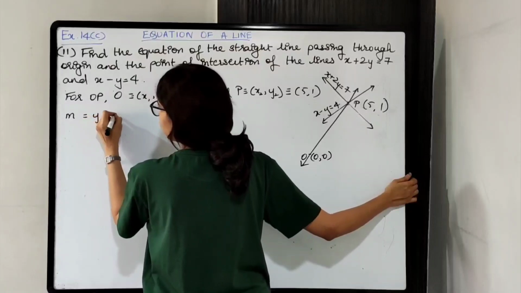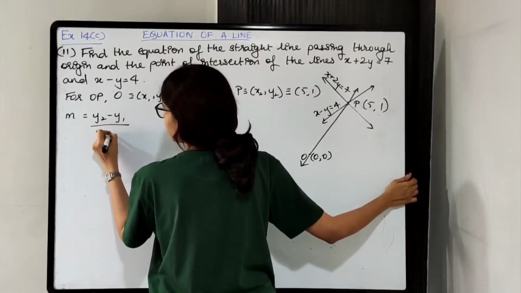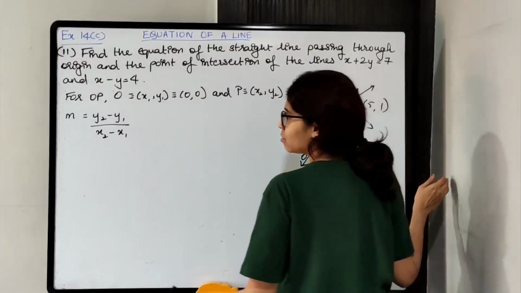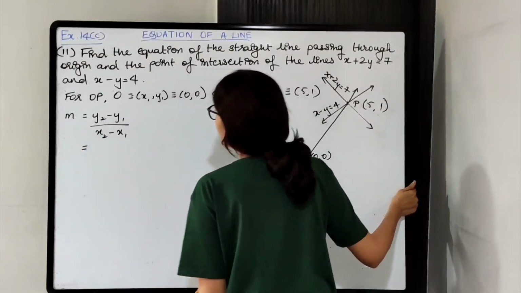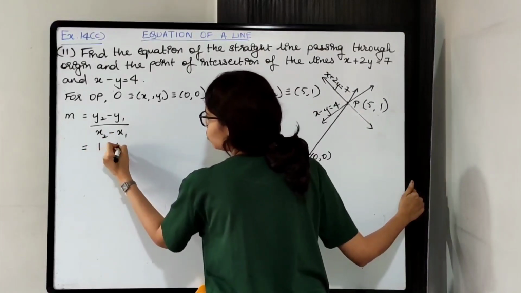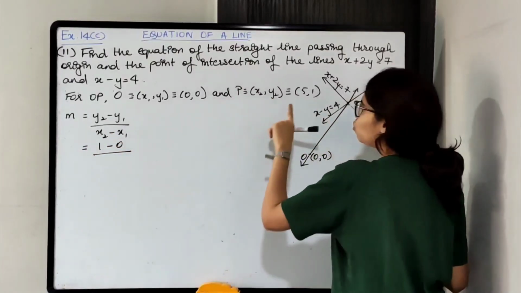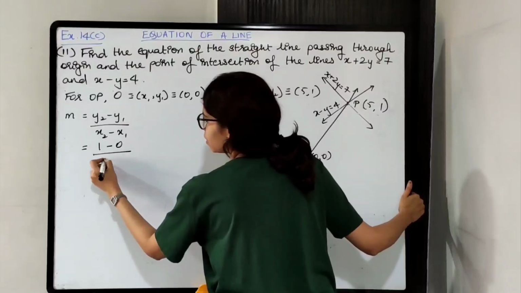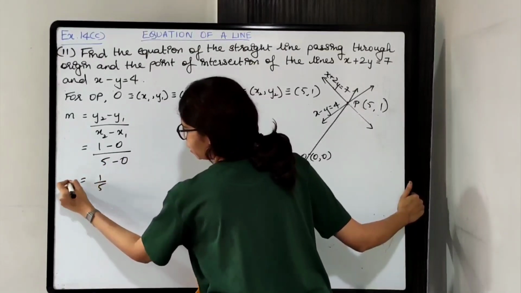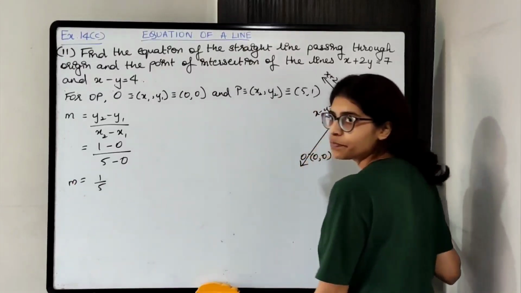So using the formula y2 minus y1 upon x2 minus x1, or y1 minus y2 upon x1 minus x2. y2 is 1, y1 is 0, x2 is 5 and x1 is 0. So 1 upon 5 we are getting as the value of m.